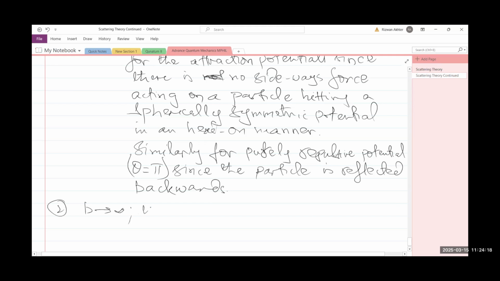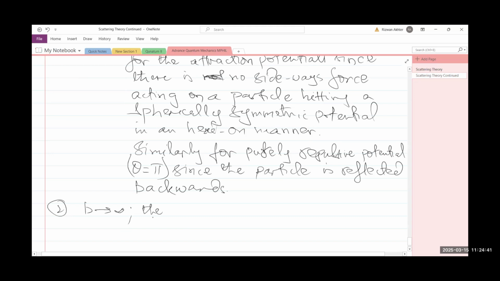B tends to infinity का मतलब है कि the deflection angle is zero. Deflection angle is zero again, but now due to the fact that the asymptotic potential is weak. क्योंकि b tends to infinity का मतलब the particle is very far away from the target.